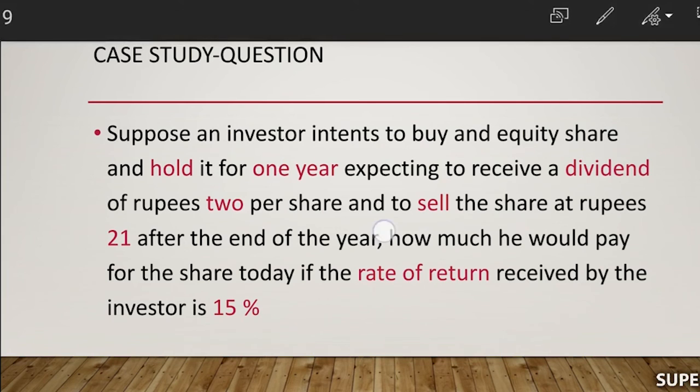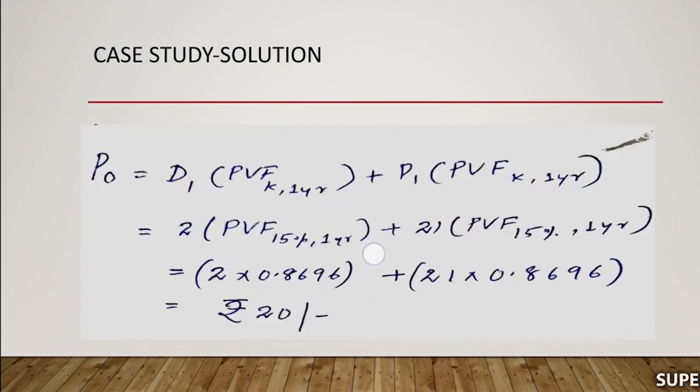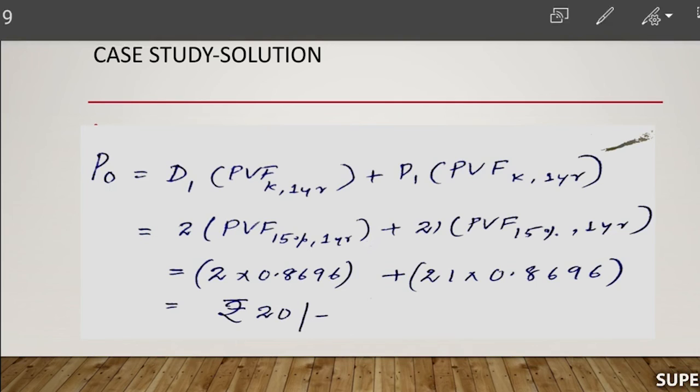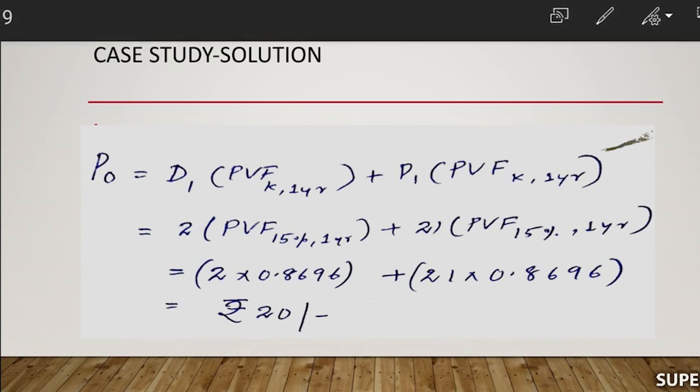The equation for calculating intrinsic value is P0 is equal to D1 into present value factor (K, 1 year) plus P1 into present value factor (K, 1 year). Here the dividend is 2 and the rate of return is 15%, so we take the present value factor from the present value table at the rate of 15% in the first year.